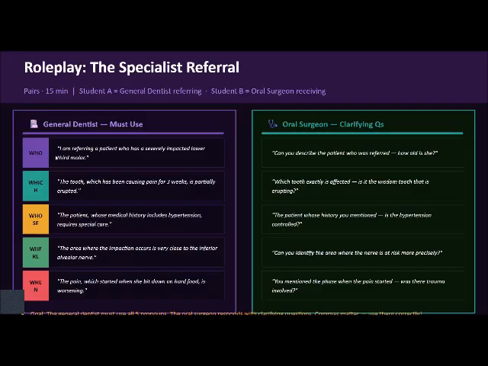I am referring a patient who has a severely impacted lower third molar. All right. Pause, Anna. Lorena. The tooth, which has been causing pain for 3 weeks, is partially erupted. Right.